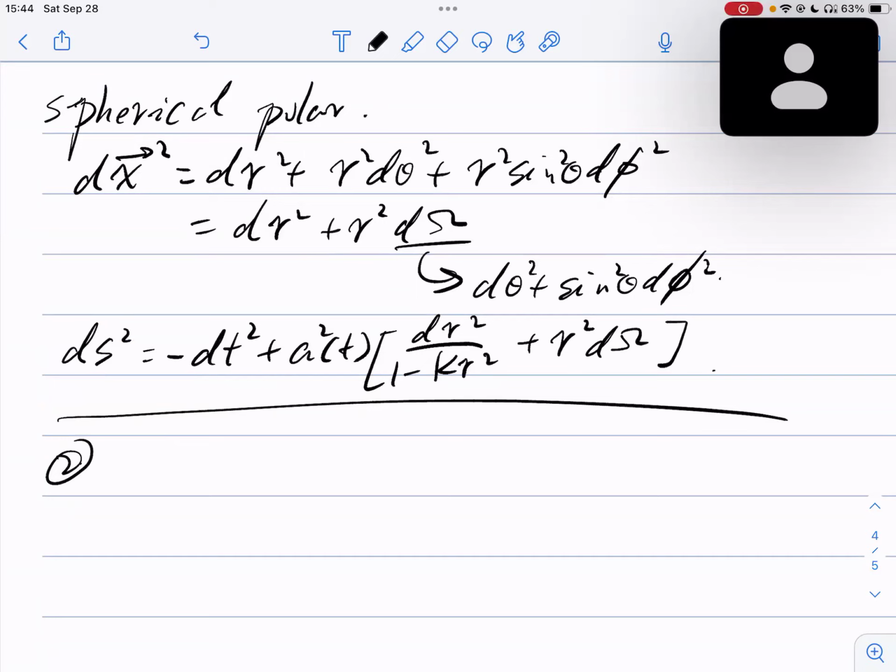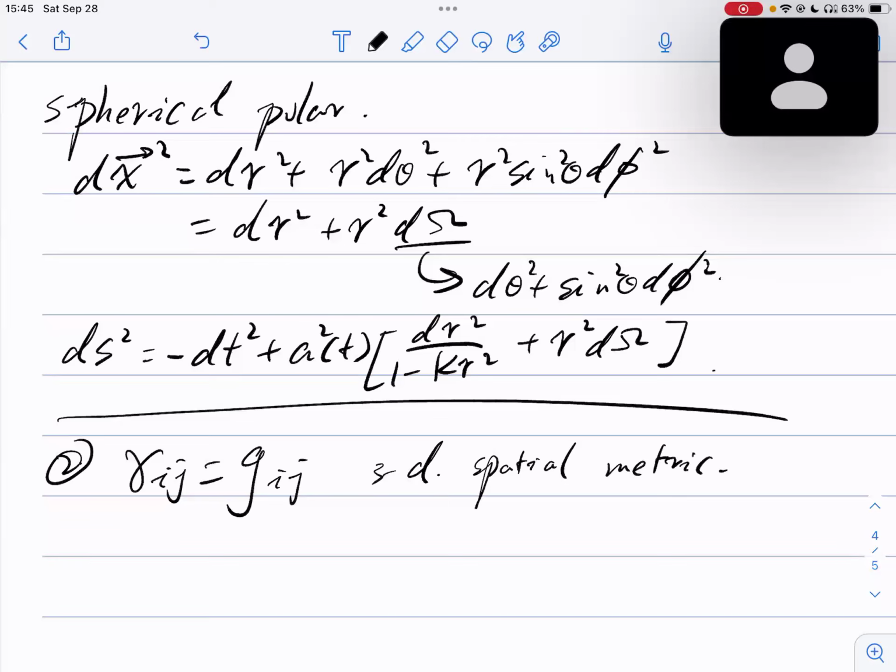First, we will introduce the gamma ij. It is actually just the three-dimensional spatial metric, equal to g ij. It's the three-dimensional spatial metric. Okay.